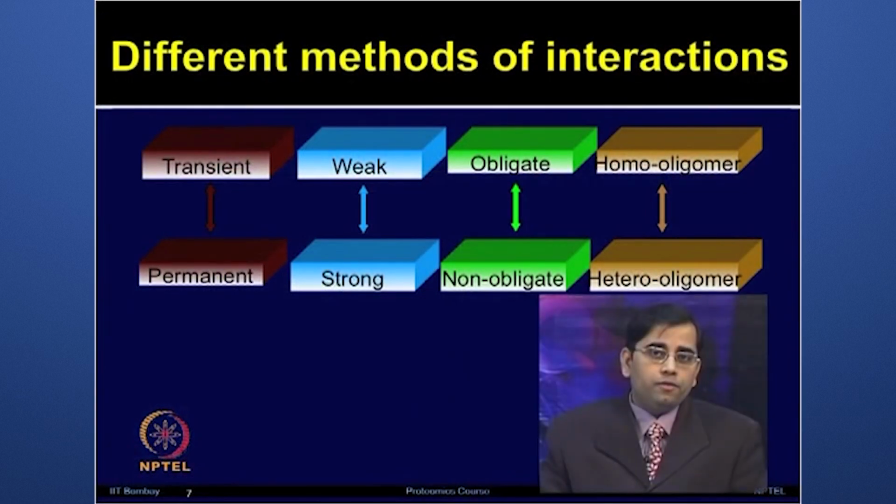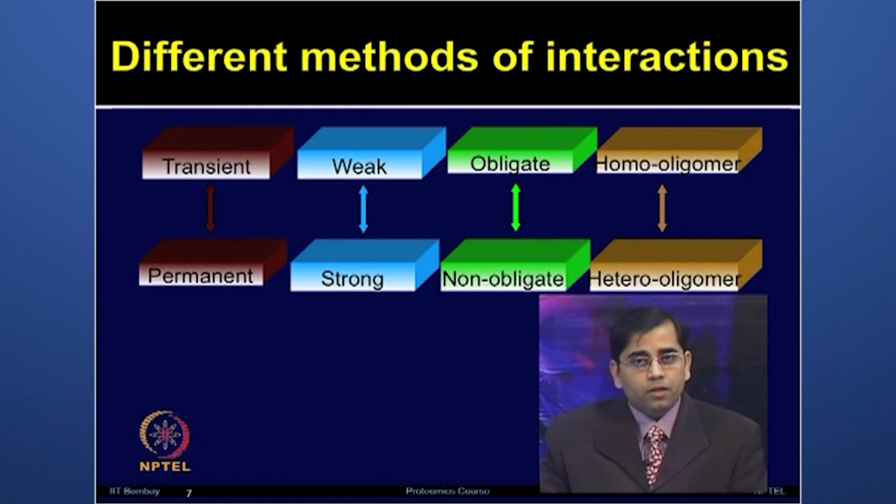So, there are different methods of studying interactions, because interactions occur in various ways. There are few interactions which are very transient, that will be for very short duration, whereas other interactions could be permanent, which may alter the activity. Few interactions are very weak, whereas other interactions could be very strong. Interactions could also be obligate as well as non-obligate.